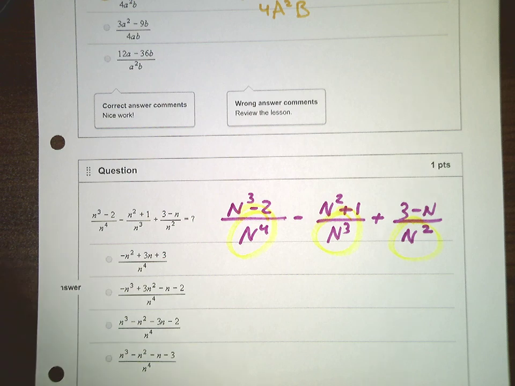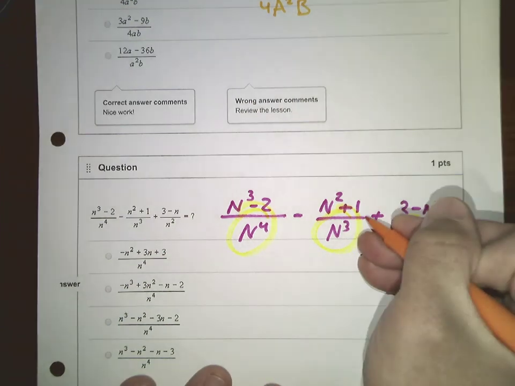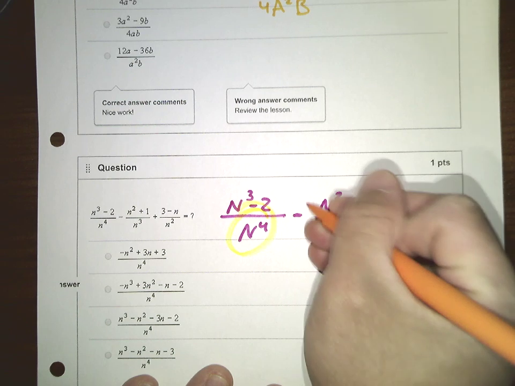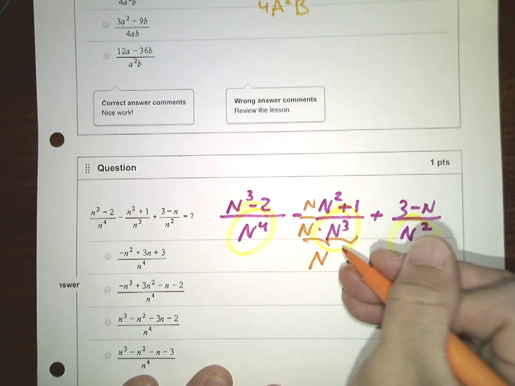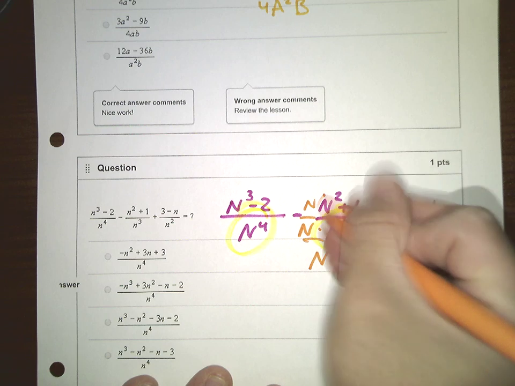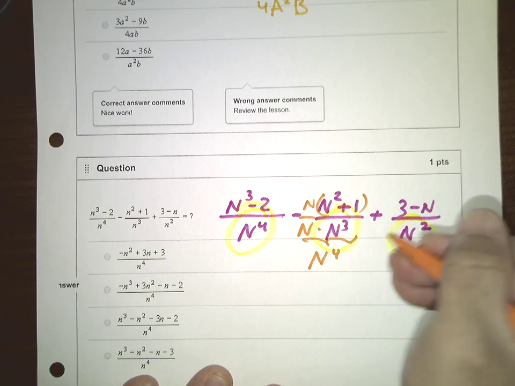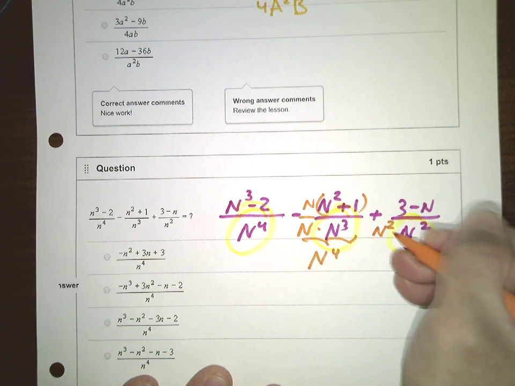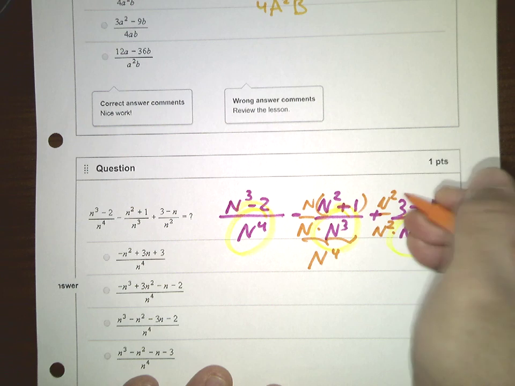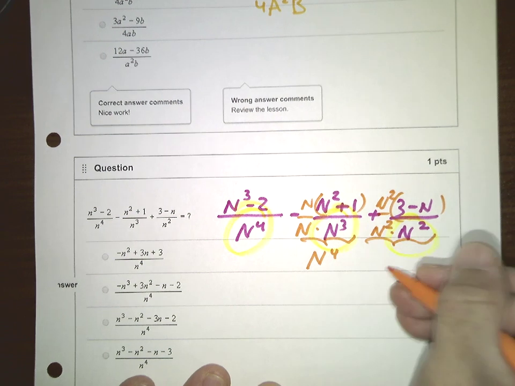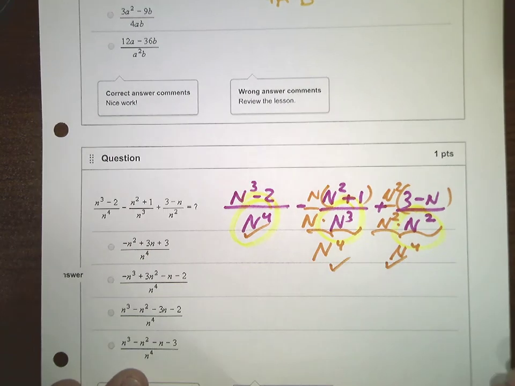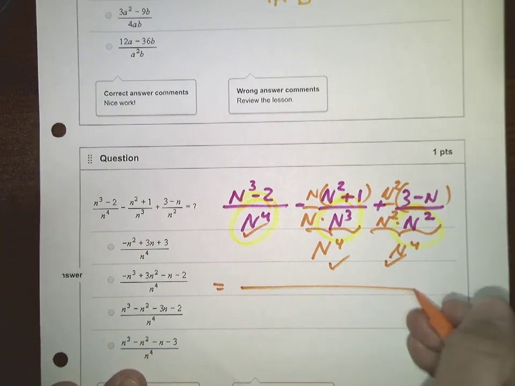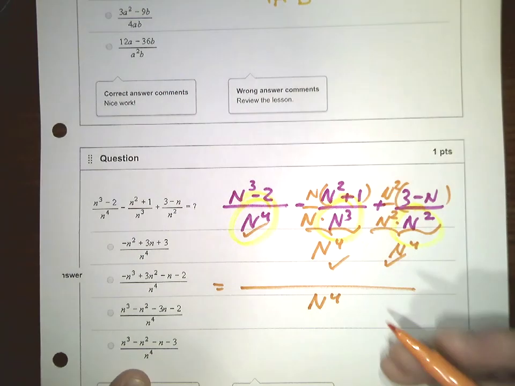So I want them all to have the same number of n's, so I can multiply this one by, well, let's go n over n. So now that there's n times n to the third here in the denominator, it's n to the fourth. And here I'll need 2 n's, so n squared over n squared. So n squared times n squared is n to the fourth. Now they all have the same denominator of n to the fourth. So it's all over n to the fourth.